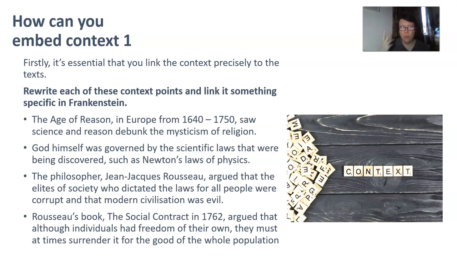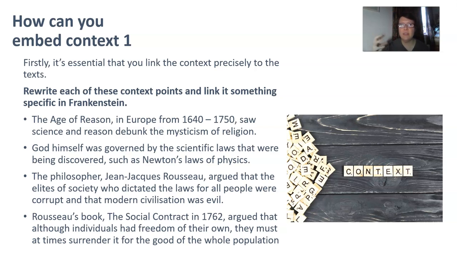So you're going to grapple with this information and work out how you could use it to say something specific, Mary Shelley's intention, or link it to an event or character. So pause the video, you can rewrite these 3 and see what you can come up with for Frankenstein.